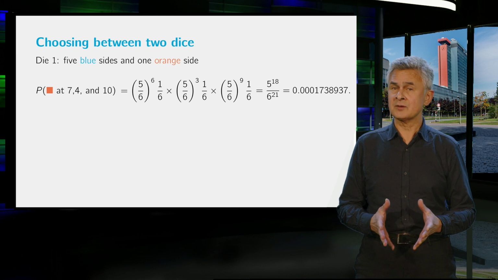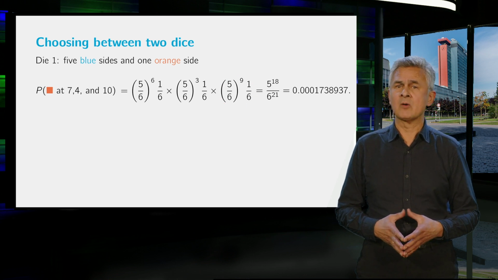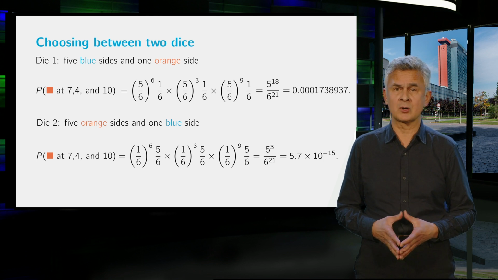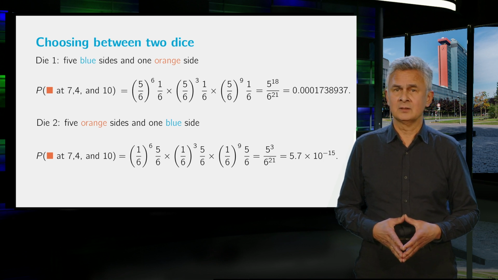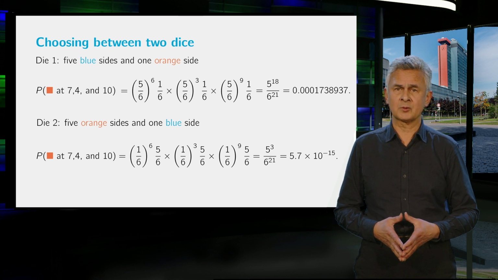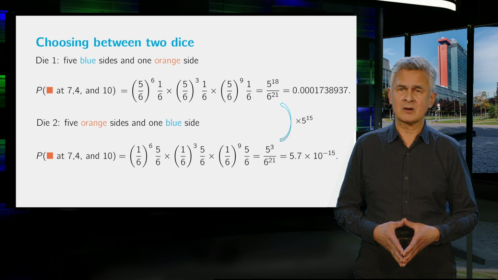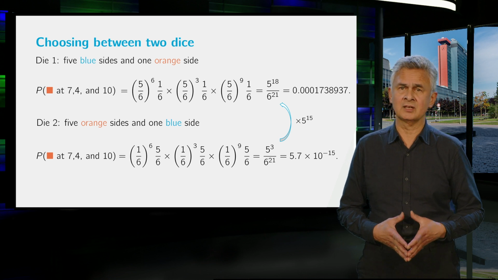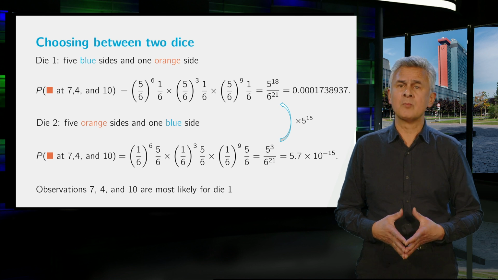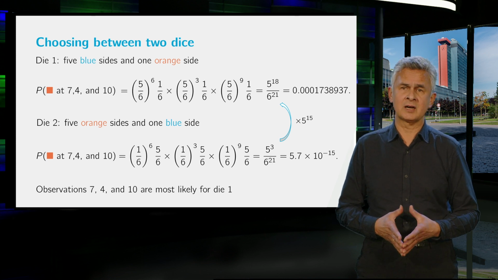This results in a very small number. However, the same probability for die 2 is even much smaller. In fact, the probability of having observations 7, 4, and 10 is for die 1 5 to the power 15 times larger than for die 2. So indeed, the available data are much more likely to occur for die number 1.